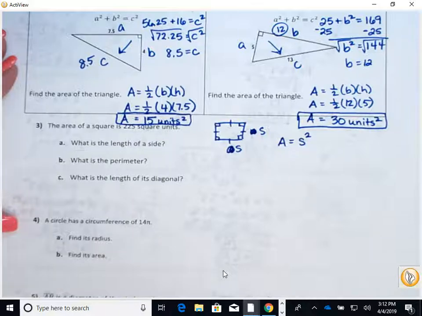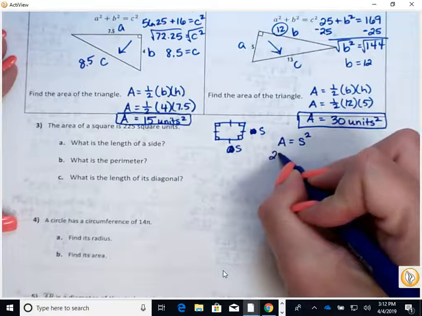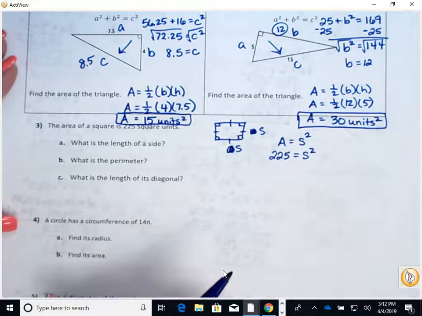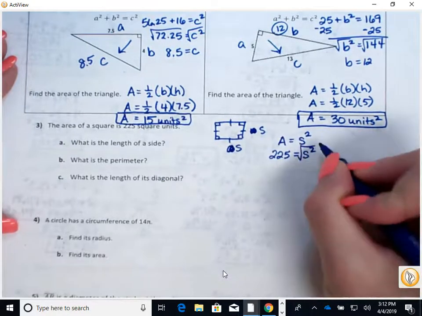So if they tell me the area is 225, I replace the A that represents area with 225, and then I can find the side length by getting that S by itself. It's S squared, so we just take the square root.